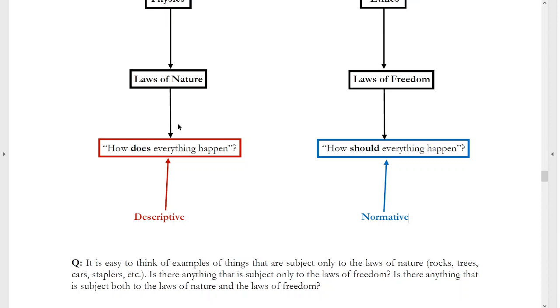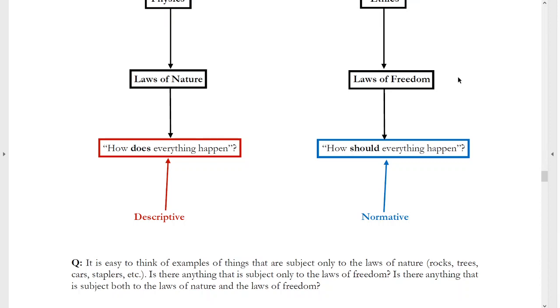Now likewise, it would be more difficult, but suppose someone asked you, are there any beings that only follow the laws of freedom? Are there any beings that are just completely and utterly free? Because a rock and a computer is not free. It just does what it's programmed. And this is more difficult because there's likely nothing we come across every day that we would say is totally and completely free, that isn't conditioned by the physical laws of nature of the universe.